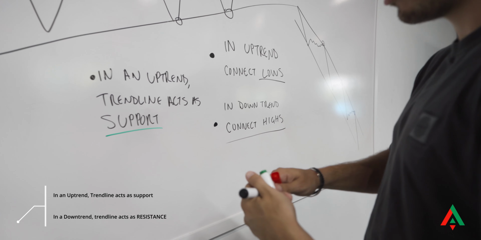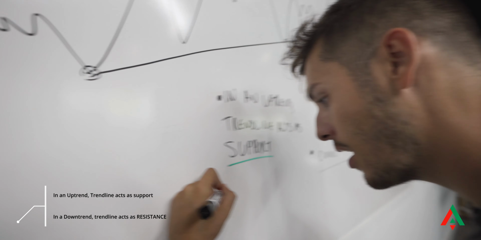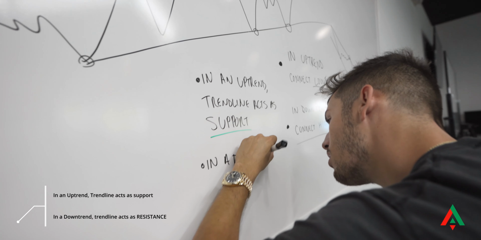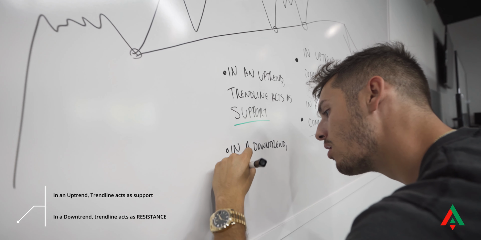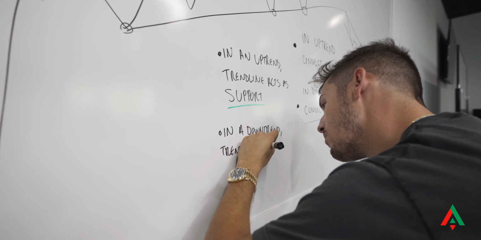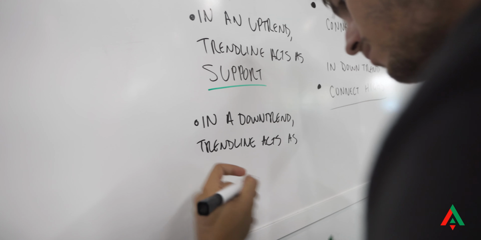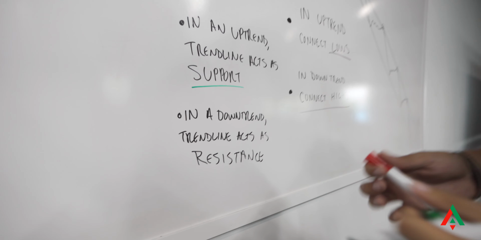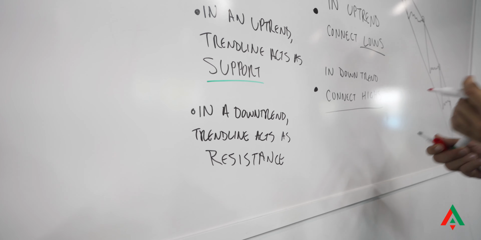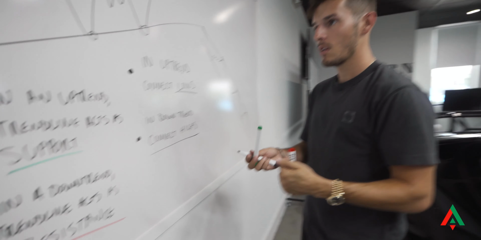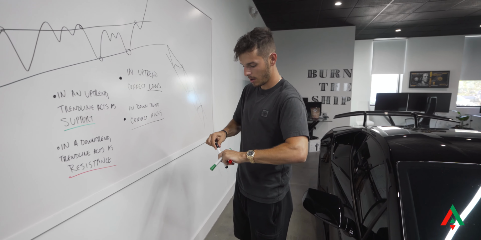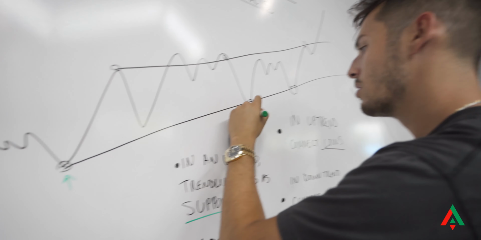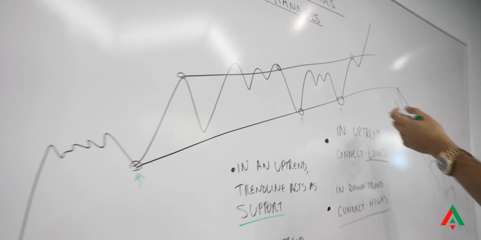and then in a downtrend, resistance. So as you can see here, here's our trend line, and you can see how that's acting as support.